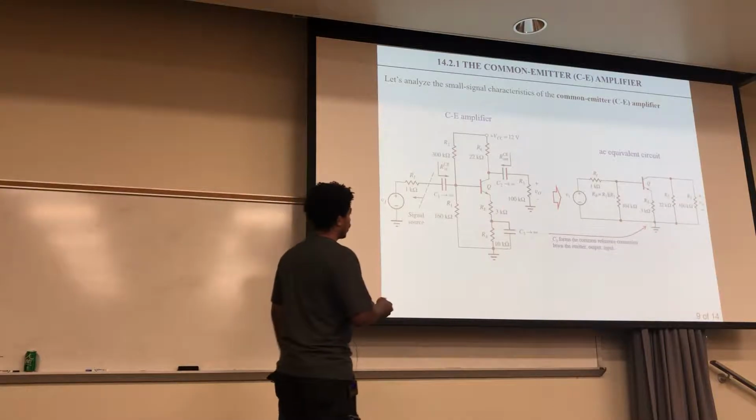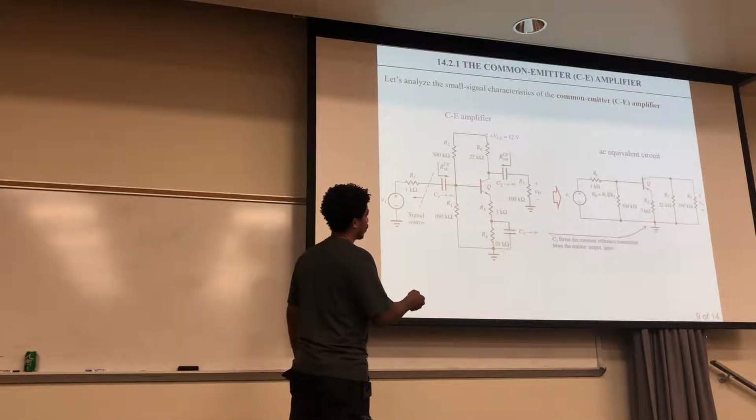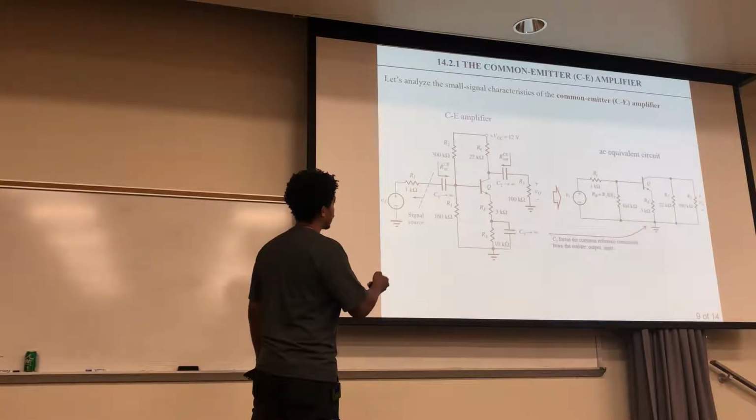Okay, so we just talked about this. This becomes the AC bypass. And so all that's left is you have this emitter right here, and it just goes through the RE, and then you have this virtual AC ground, which is right here. Here's the R out seen from this capacitor.